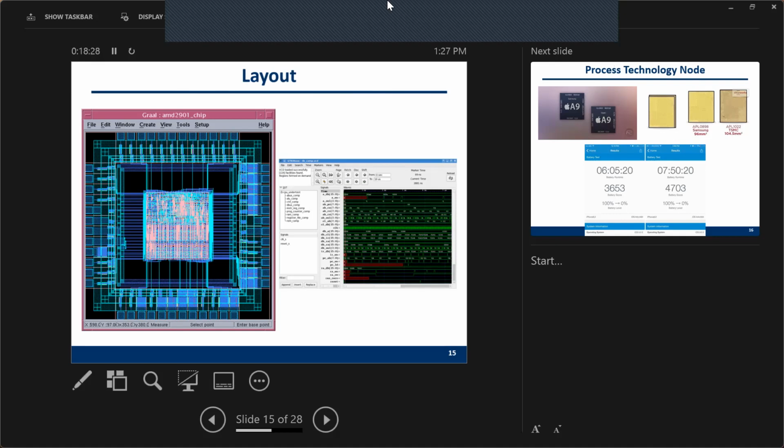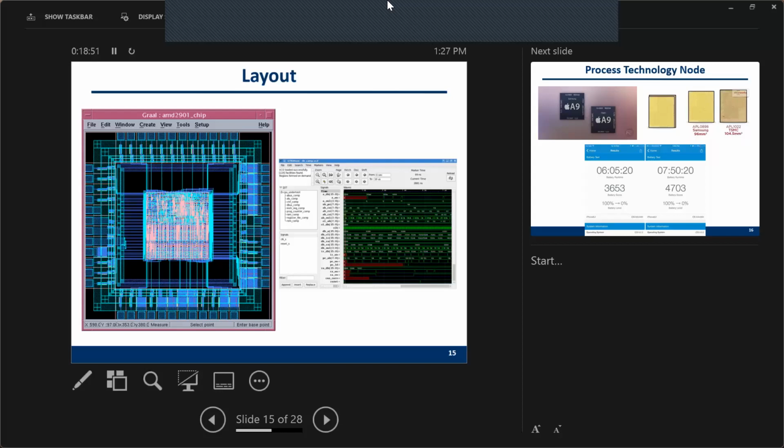By doing this, you can consider a lot of extra information, for example, the wire delay. You have a lot of connections here. Those connections have resistance and capacitance. They will introduce extra latency because of the resistance and capacitance delay.